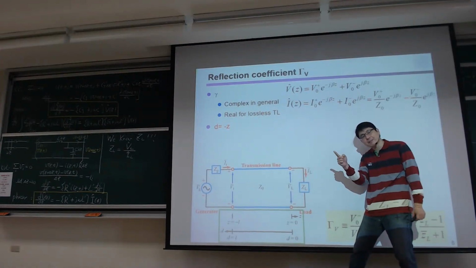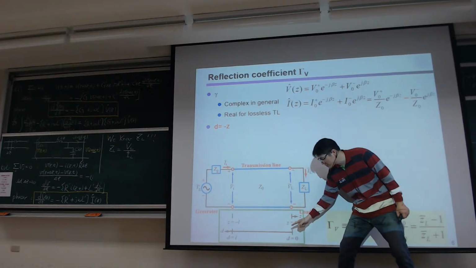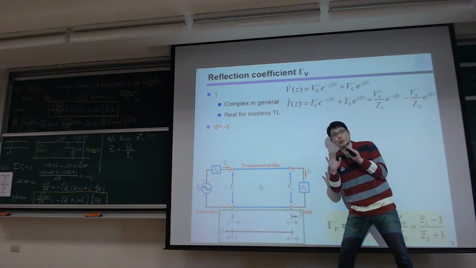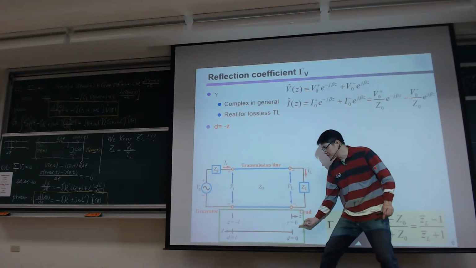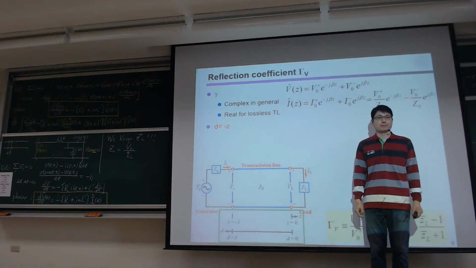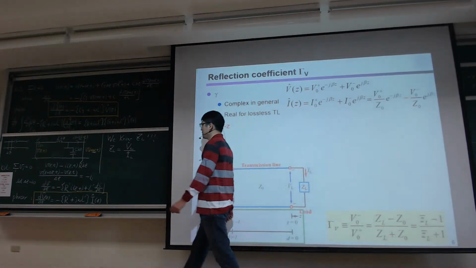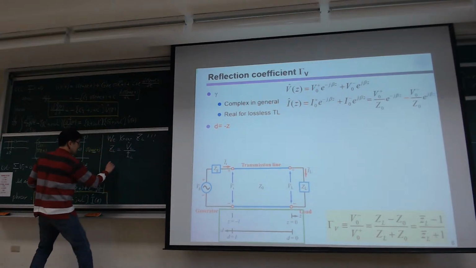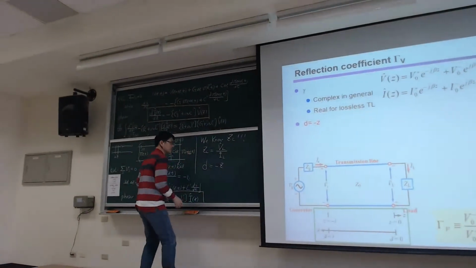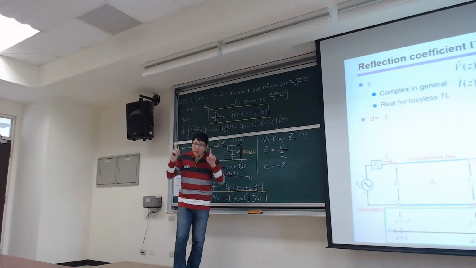But at the same time, can I also define a new distance variable D? D is 0 at the load as well, but it is positive going back to the generator. So I am defining D equals negative Z, which is fine. Let me repeat myself.